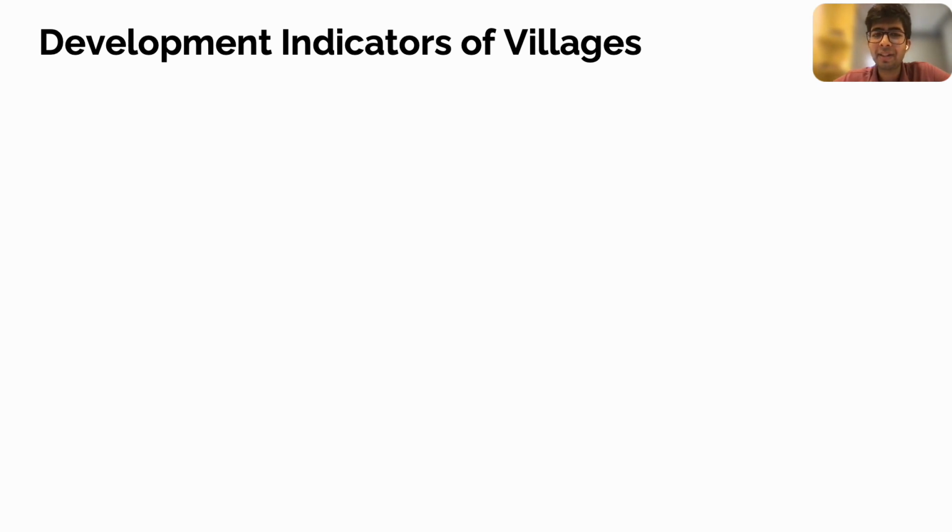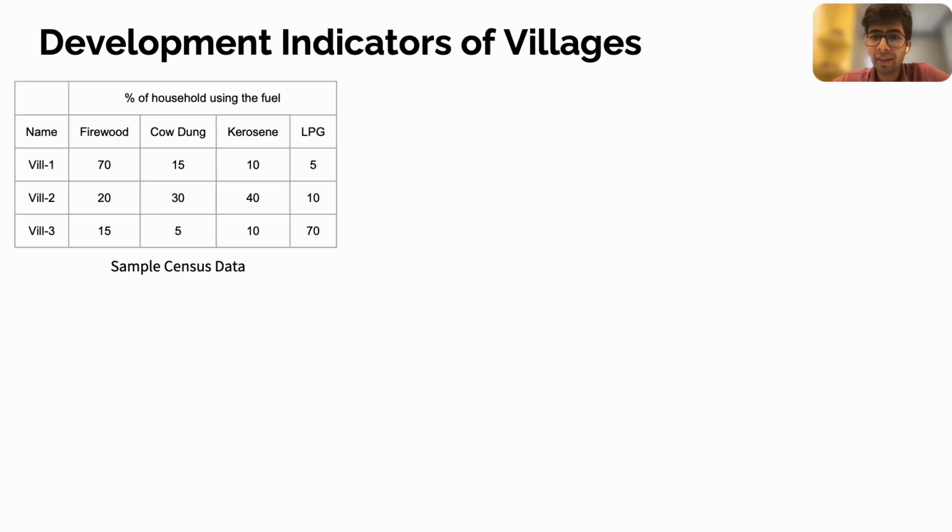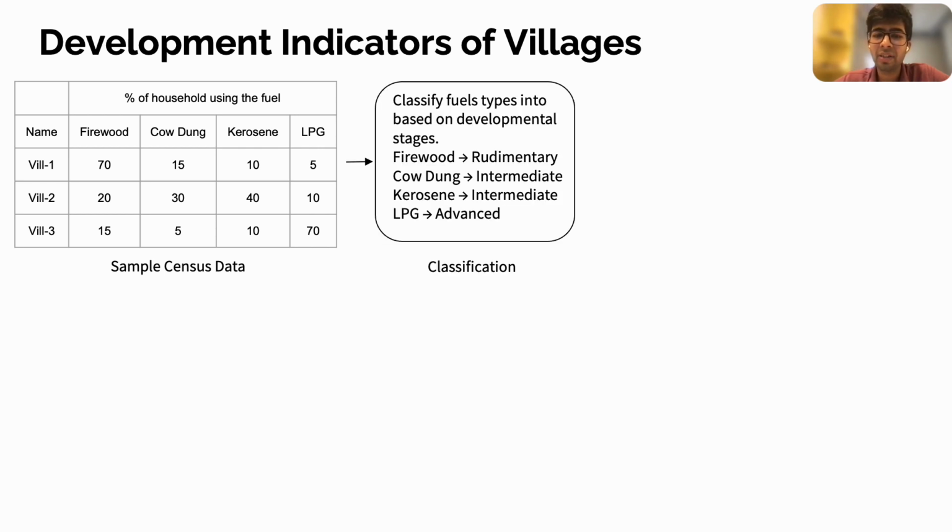Next, we look at the process of creating development indicators from census data. Here, we'll be focusing on fuel for cooking as an example. In the census, each row represents a village and the percentage of households using various fuel types. We categorize these fuel types into three stages: rudimentary, intermediate, and advanced, based on development levels.